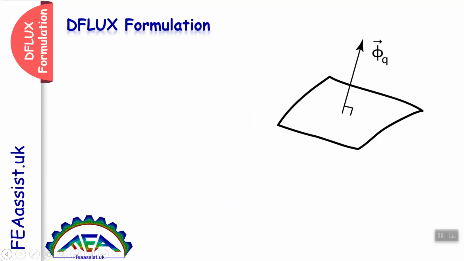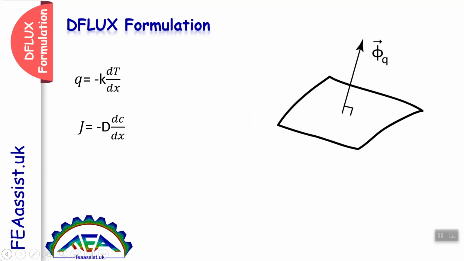DFLUX formulation. Before going to details of the formulation, you need to understand flux. What is flux? In heat transfer problems, flux is the amount of heat, the amount of energy, transferring through a unit of area in a unit of time, which is a function of the derivative of temperature with respect to x in one-dimensional problems.